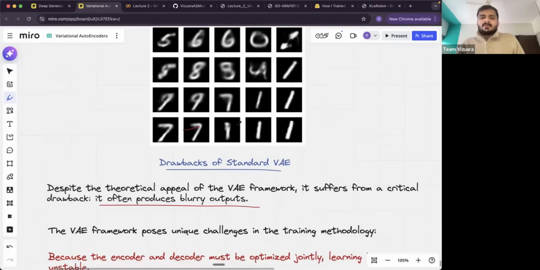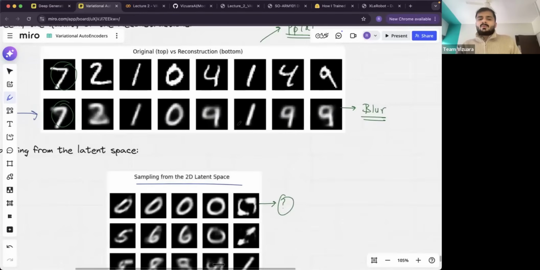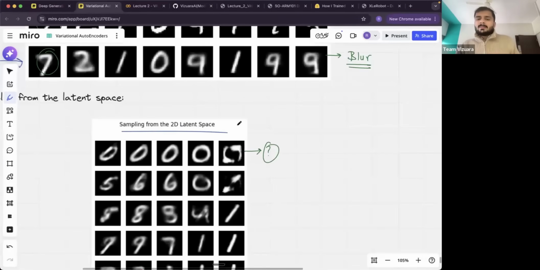There is also one more thing we have not covered here: what if you want to just generate a digit 1? How do you sample from this conditionally? Right now I'm sampling from this decoder distribution, and I'm getting random images depending on whatever Z value I input.